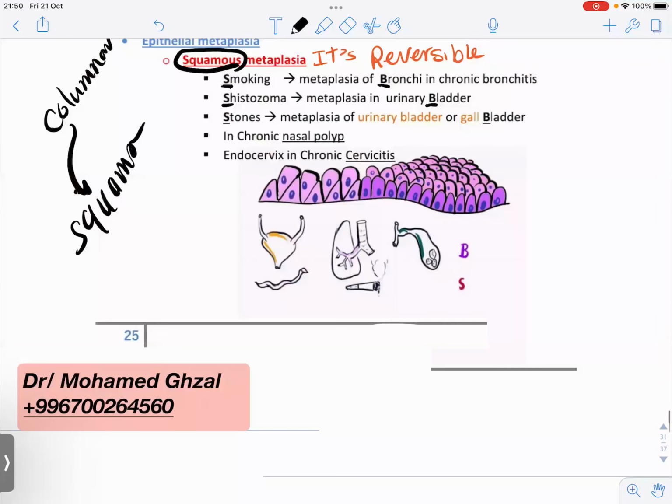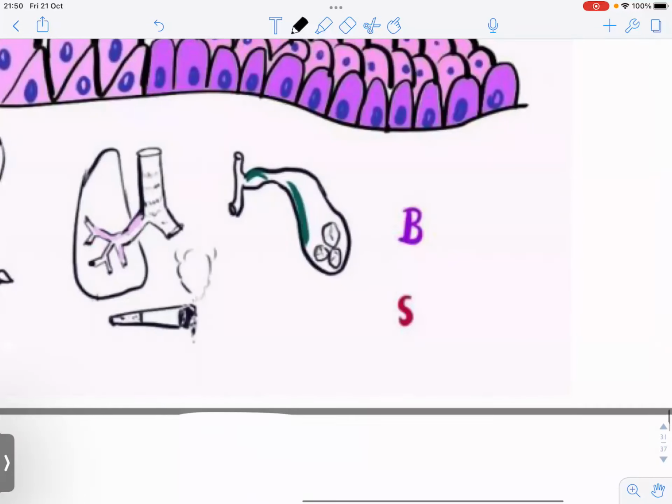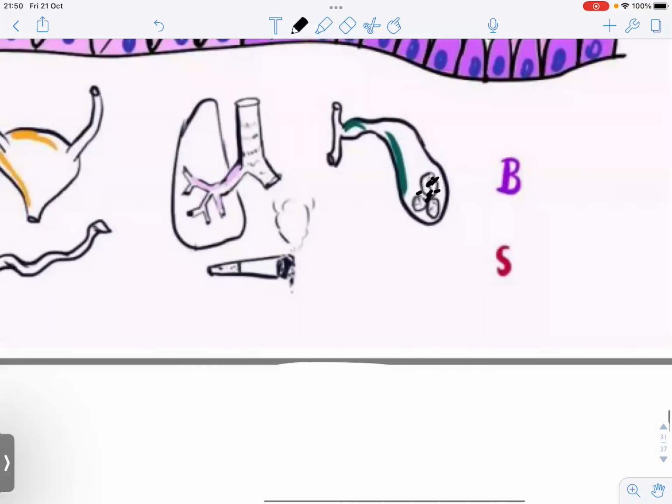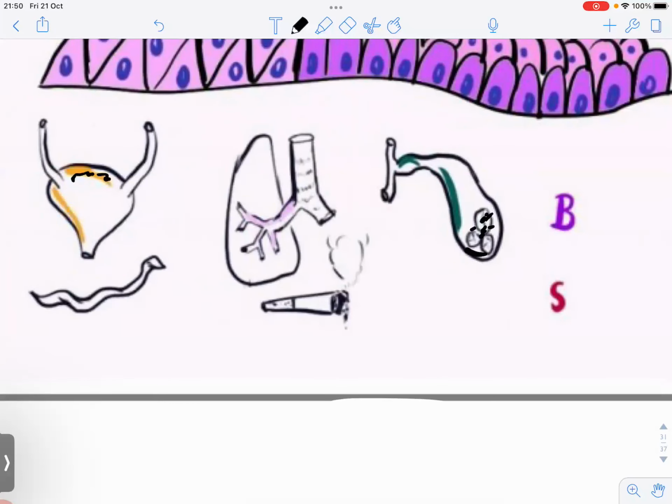Stones can cause irritation of the gall bladder or urinary bladder. The epithelium inside the gall bladder is columnar because it secretes bile, and the epithelium inside the urinary bladder is transitional.